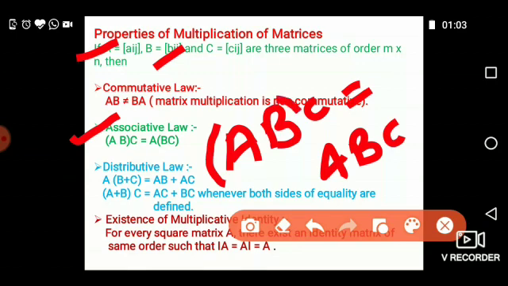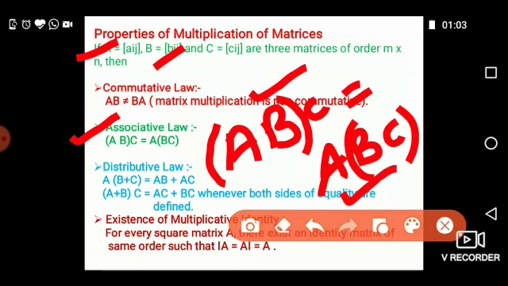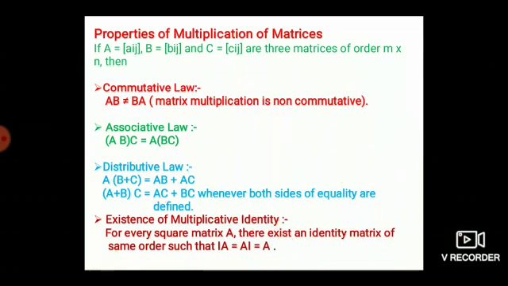If I group the first two on the left side and the last two on the right-hand side, then AB into C is always equal to A into BC. Such a law is called an associative law. Therefore, matrix multiplication is associative.